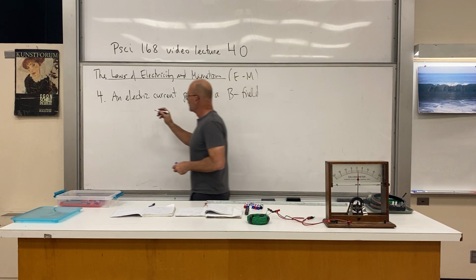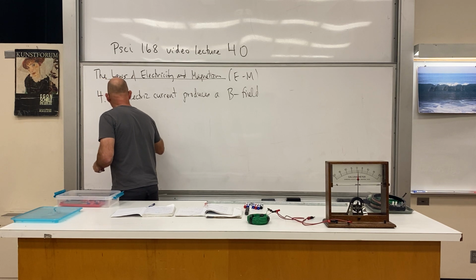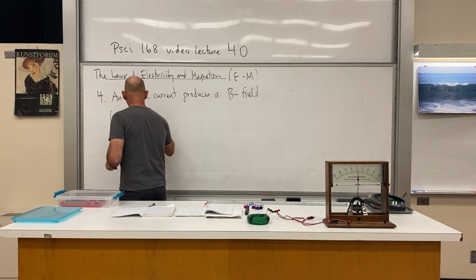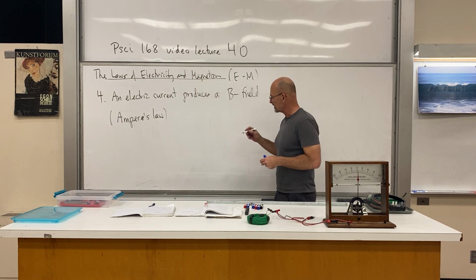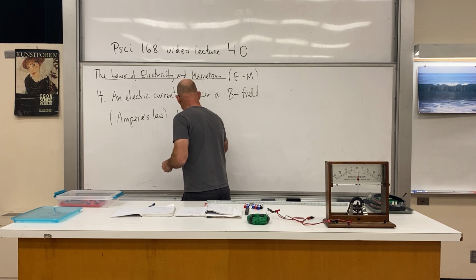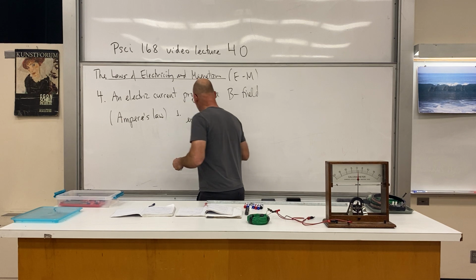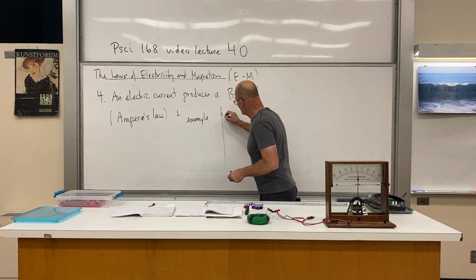Now, one thing you'll look up is Ampere's law. You can get some good images on this, but I will explain a couple of examples. The first example is if you have a current in this direction.